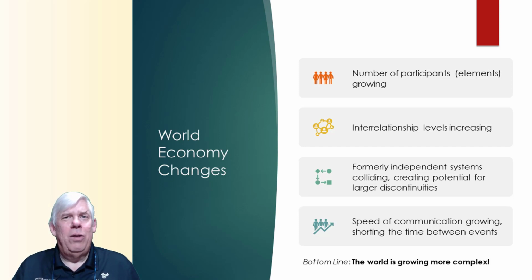The bottom line is the world is becoming more extrinsically complex, and one of the focal points of this lecture series is what the implications are for us as decision makers and as individuals and organizations interacting with this system.